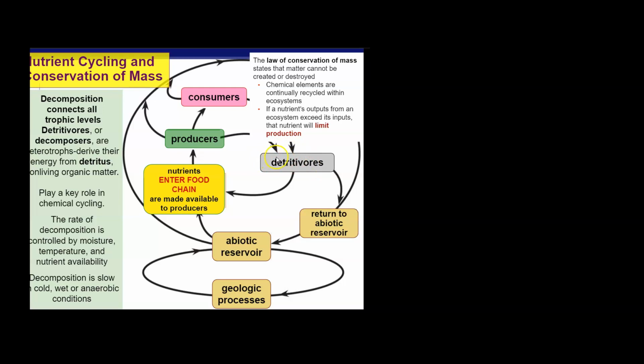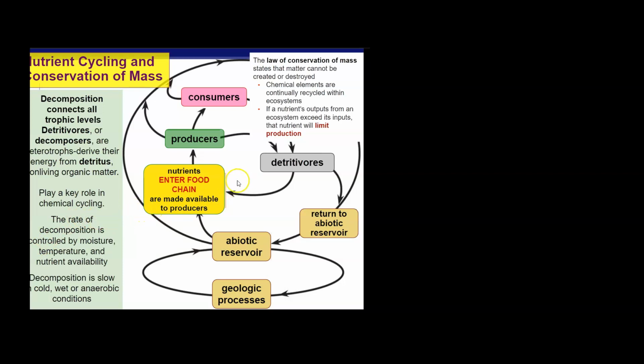So detritivores are then, again, able to put the nutrients back into the food chain. They're also putting it back into the abiotic reservoir. And then that abiotic reservoir is going to contribute to the geologic processes that are occurring in some of the cycles. And the abiotic reservoir is also entering the food chain as the producers take up nutrients from their environment.